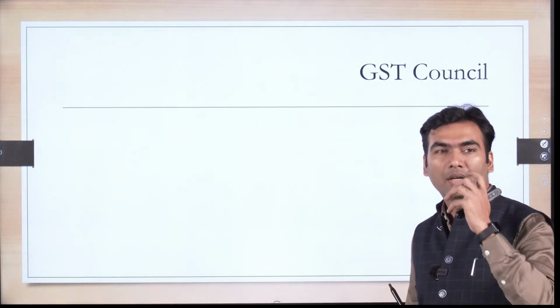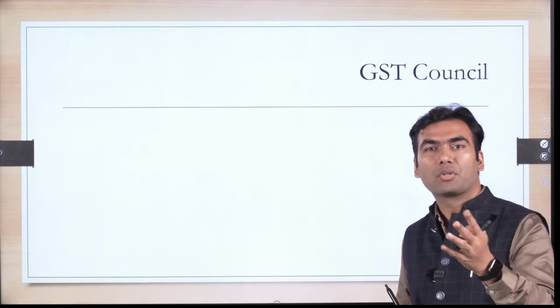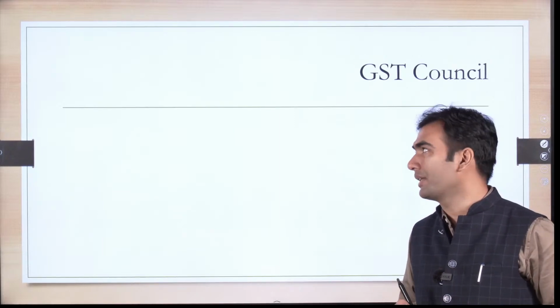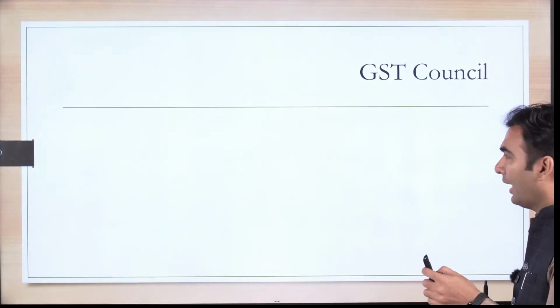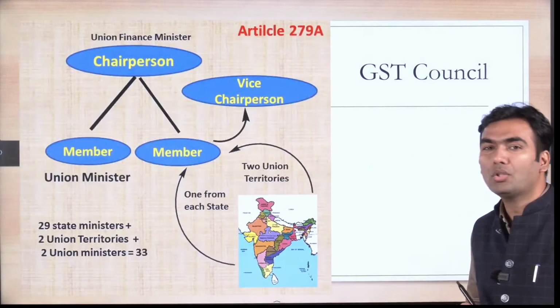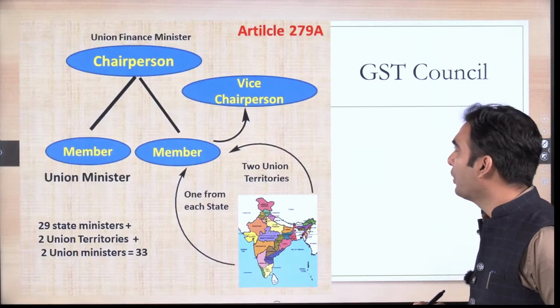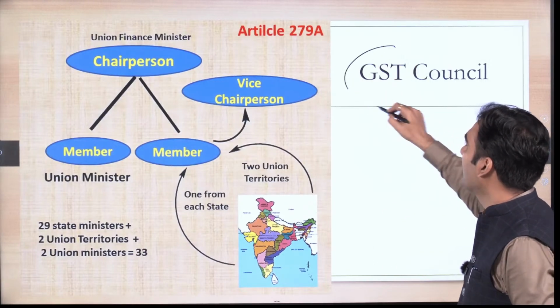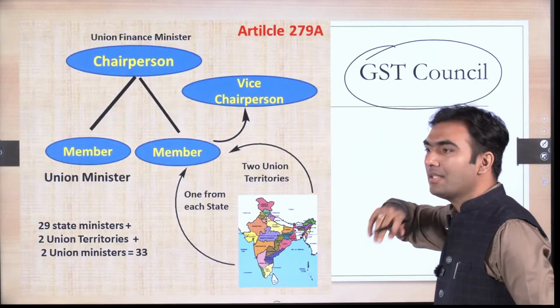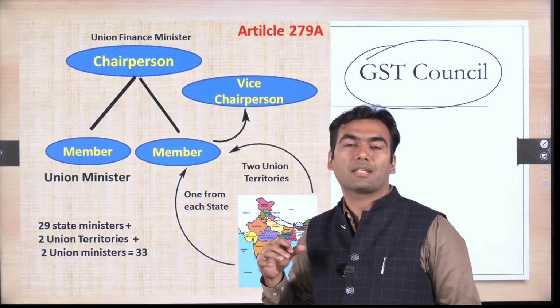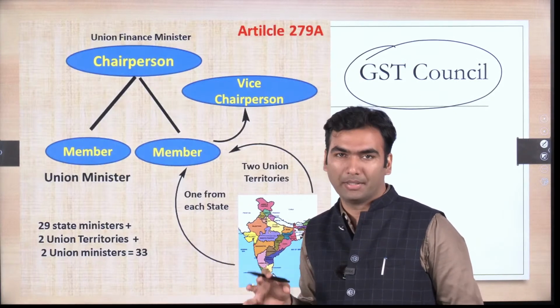So CGST is imposed by parliament and SGST is imposed by a state legislature. And whatever tax they impose, they impose on the recommendation of the GST Council only. The GST Council is one body which recommends the rate of taxation for the whole of India.